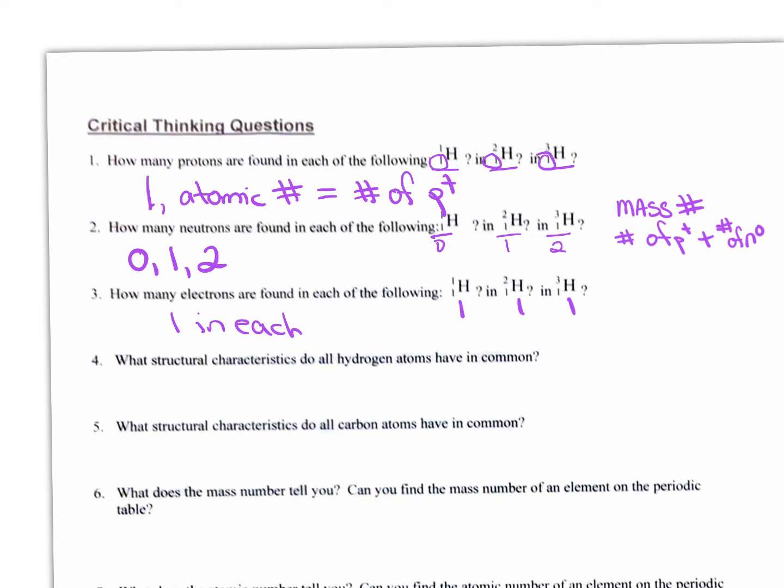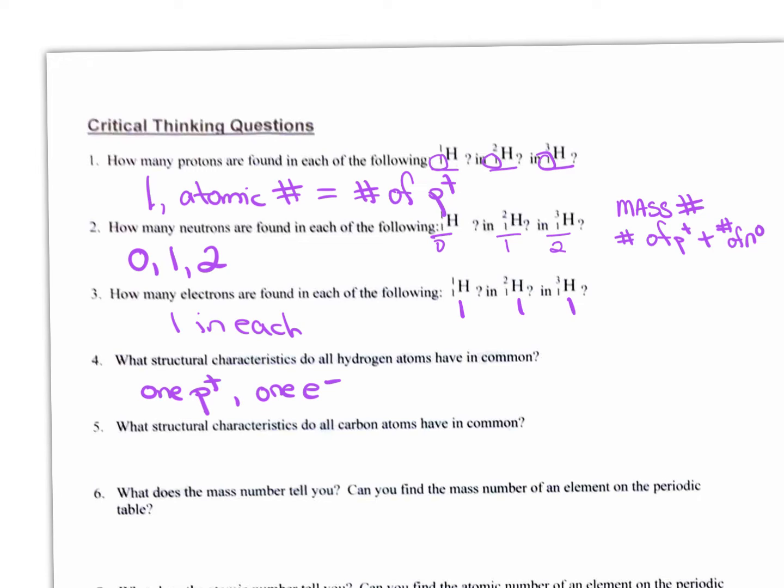Which structural characteristic do all hydrogen atoms have in common? All hydrogen atoms have 1 proton and 1 electron. The neutrons differ, but they have 1 electron and 1 proton.